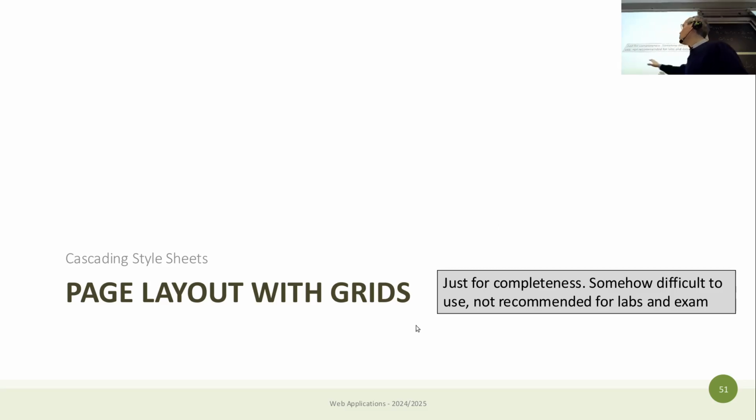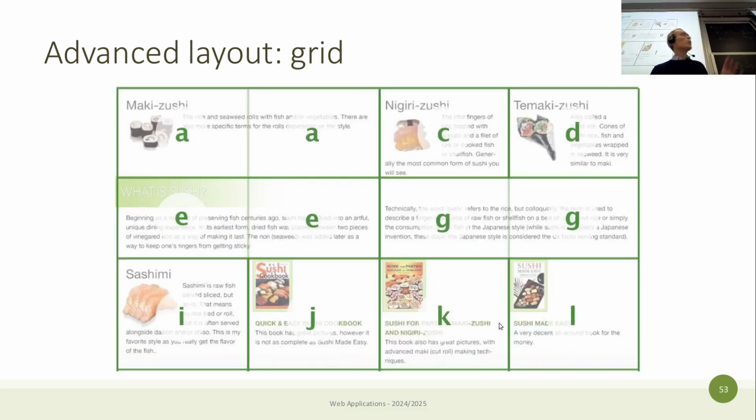And then, since it was so difficult, people designing CSS came out with another idea, that is grid. Again, we don't care about the grid, but the idea is pretty simple. Since floating things around is difficult because you never know where they end up, because it depends on the elements surrounding each one, they say, well, we define a page, we divide the page into a grid, and just specify in which grid cell the element should stay.